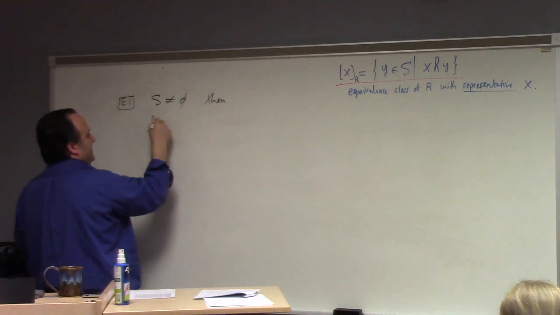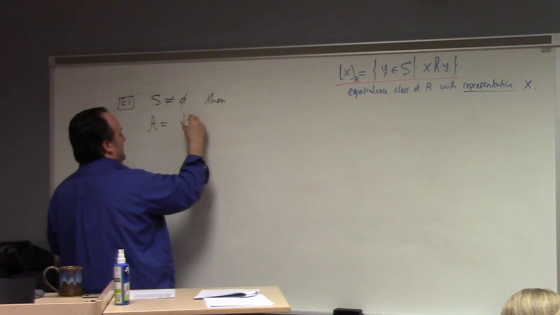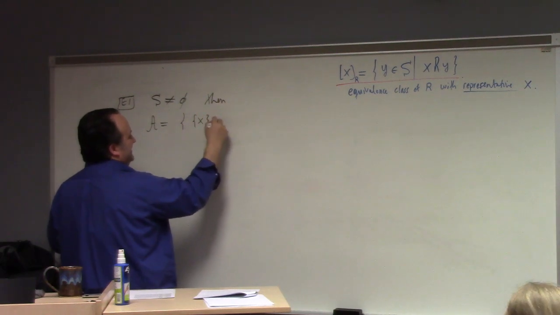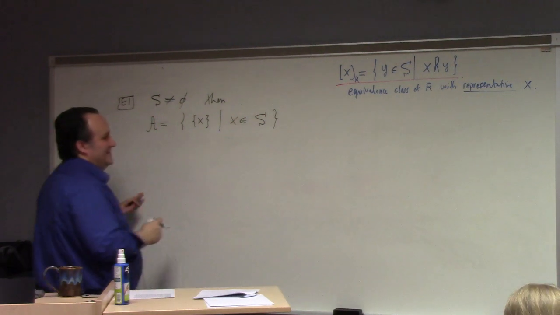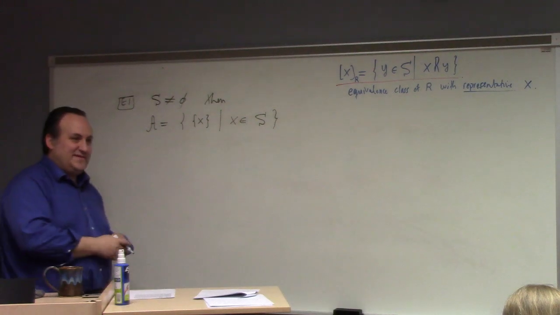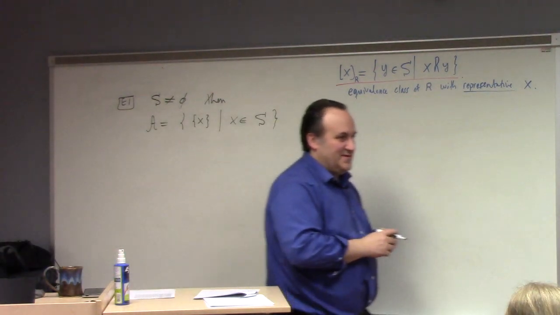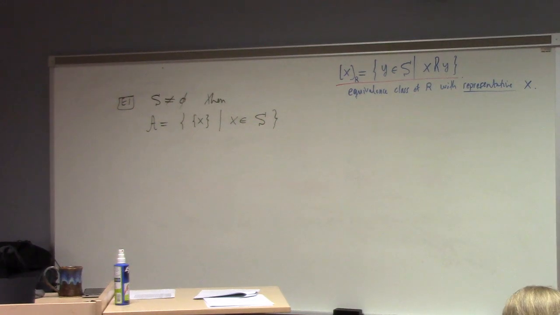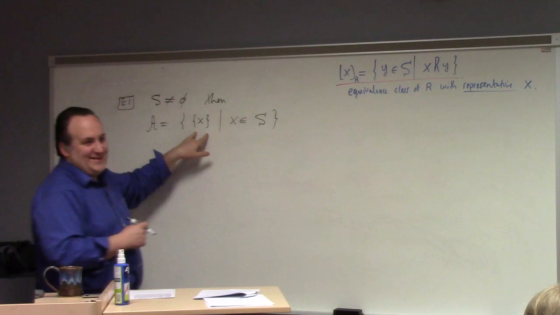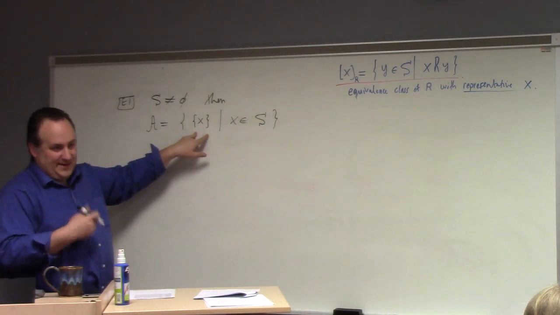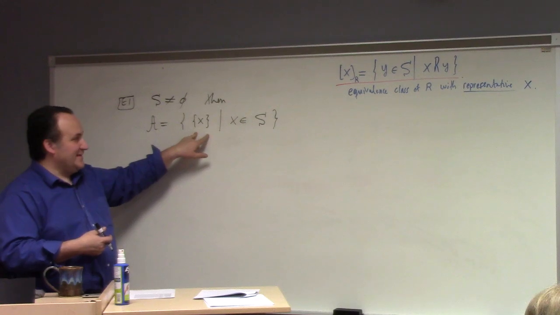Then let A be the following collection of subsets: {x} such that x is an element of S. This is a partition. This is the singleton partition. It's a very dumb partition, I think. All you're doing is taking every point in your set and making a set containing just that point. Is the union of such things again S? Yeah, the union of all these gives you back S.